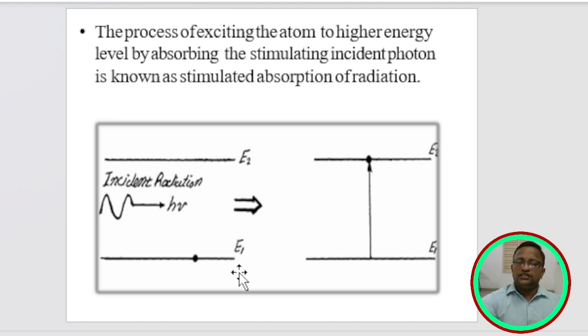E1 is the lower energy level and E2 is the higher energy level. If we make a photon having energy h nu incident on the ground level atom, then it absorbs the energy and reaches the excited level, the E2 level. So, this process is called stimulated absorption of radiation.